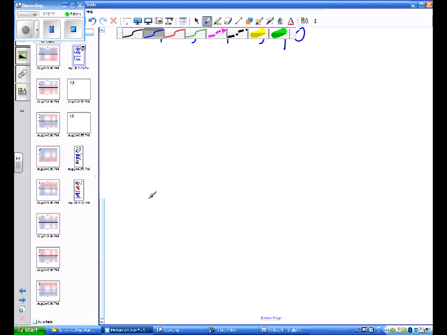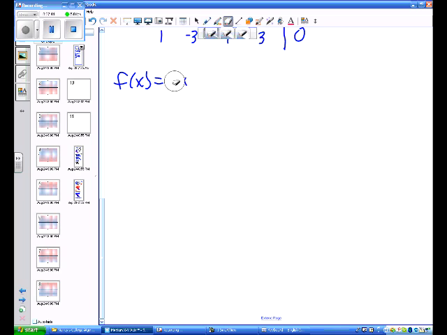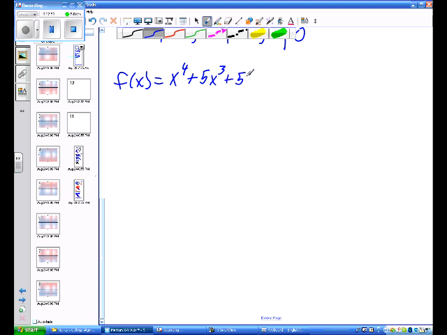So let's say that we've got f of x is equal to x to the fourth plus 5x cubed plus 5x squared minus 5x minus 6.